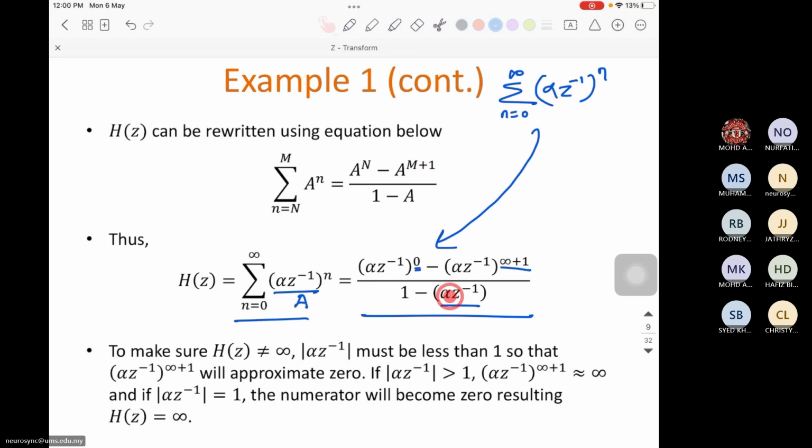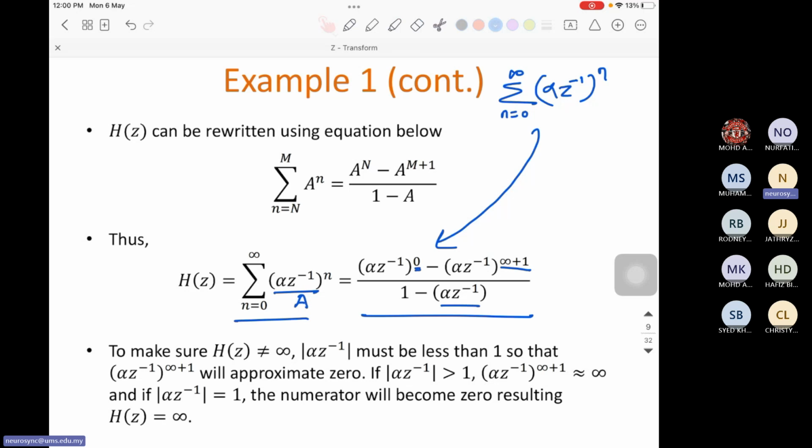In the denominator, we have 1 minus alpha z to the power minus 1, and this value can be greater than 1, less than 1, or equal to 1. If you put this value equal to 1, then the denominator will be 0 and H of z will be infinity, which we don't want.